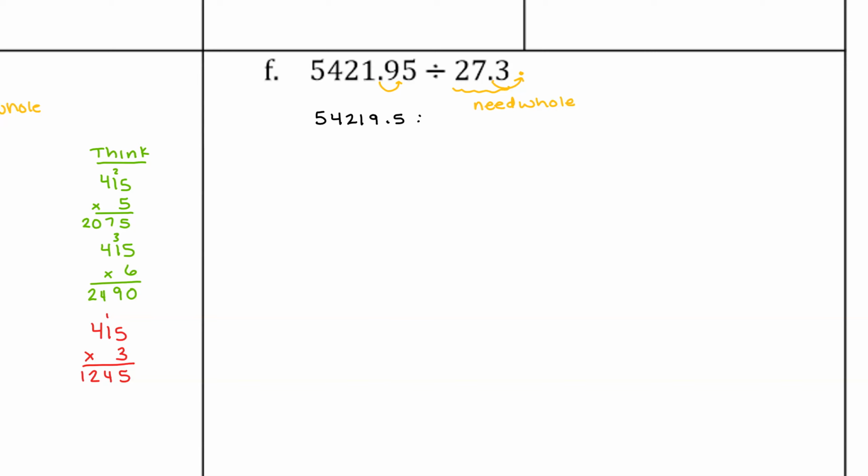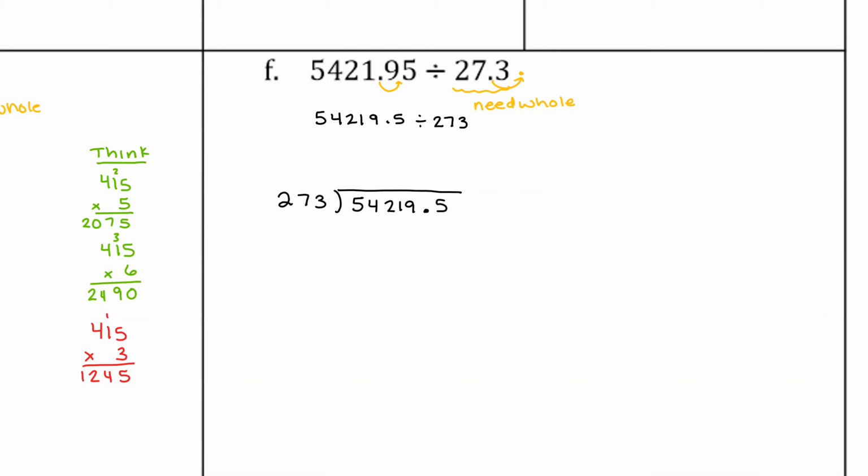54,219.5 divided by 273. So let's put that into a long division chart here. Now, in this problem, there's already a decimal place, right?